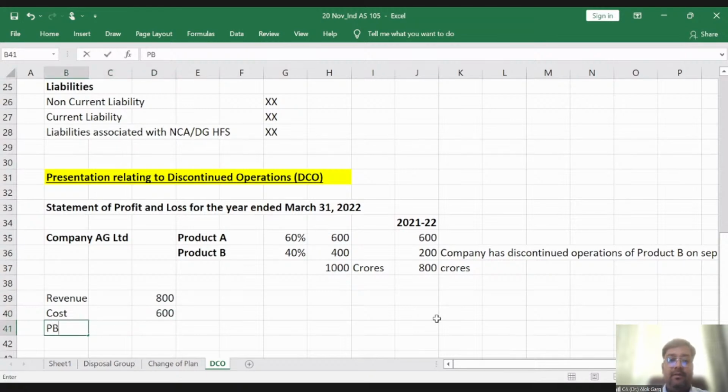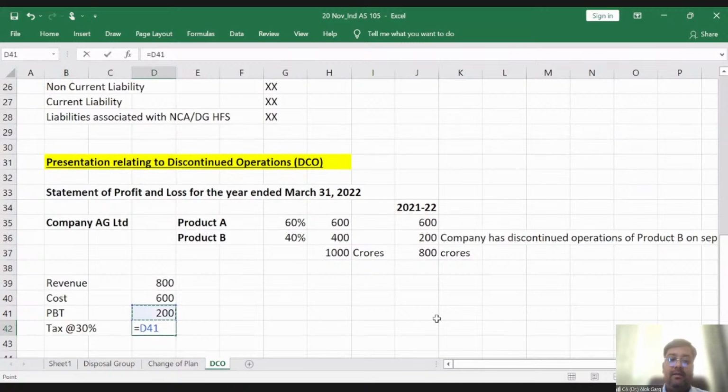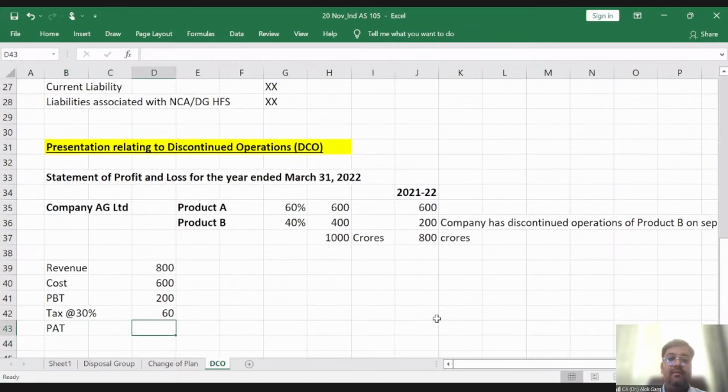My PBT is 800 minus 600, 200 crores. My tax is, let's say, 30%, which is 60 crores. Your PAT is 200 minus 60, it is 140 crores, right? This is your PAT. This is your P&L 21-22.